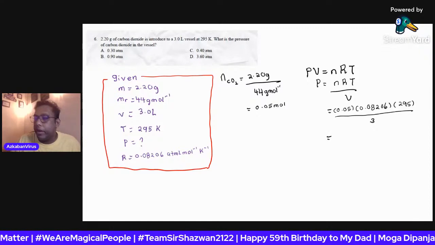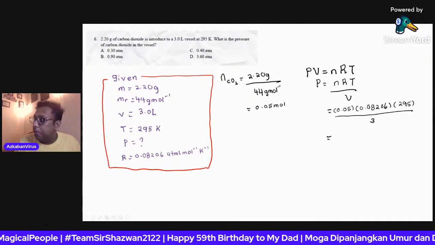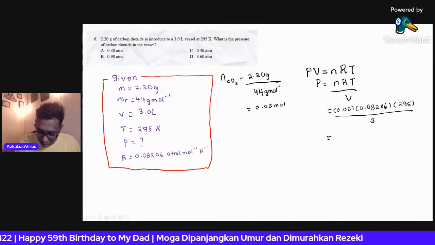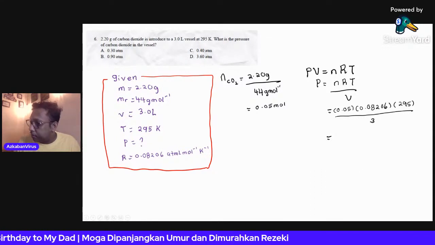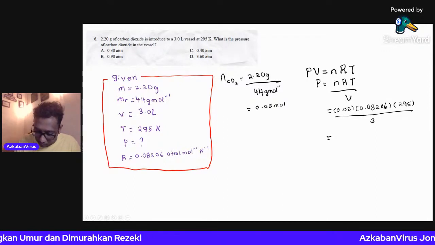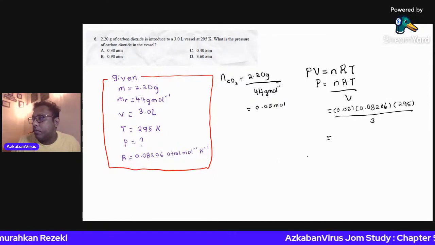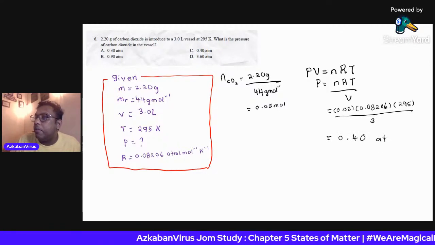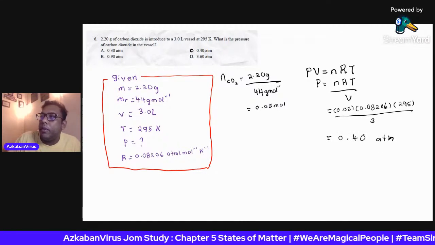So akan dapat pressure is equal to 0.40 atm. So far kamu boleh buat ke soalan-soalan macam ni?